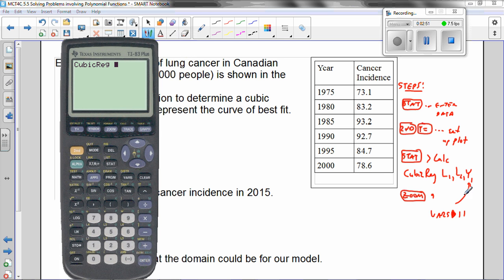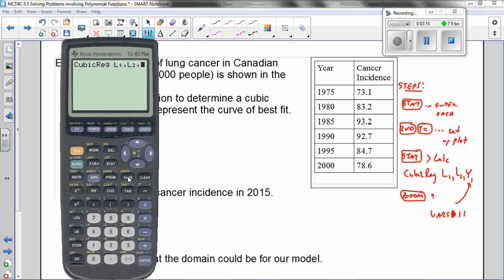And then remember, I need to put in all this other stuff in order for the regression curve to show up. So list 1, second one, and then comma button. List 2, comma, and the y1 character is the one that'll actually help us graph the curve of best fit. And there are the steps.